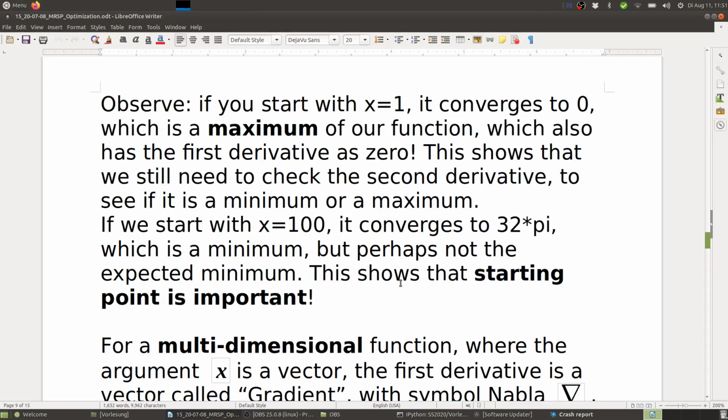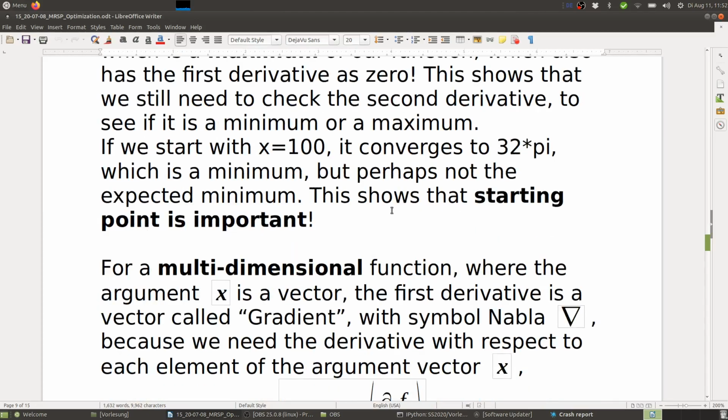So our optimization finds some extremum. It can be a maximum or minimum, and it's not choosy. It takes any minimum which is nearby, right? So if you start at 100, you get a large number, which is still a minimum, but maybe not the one that we want.